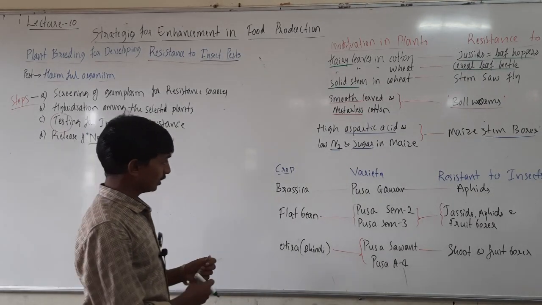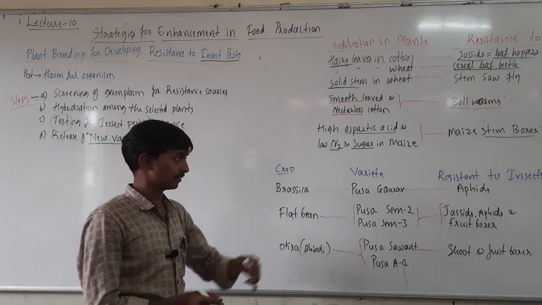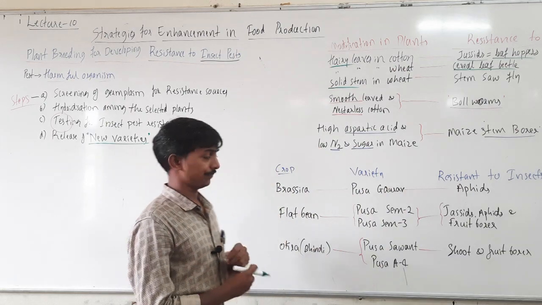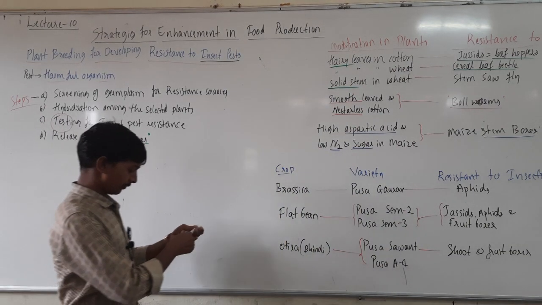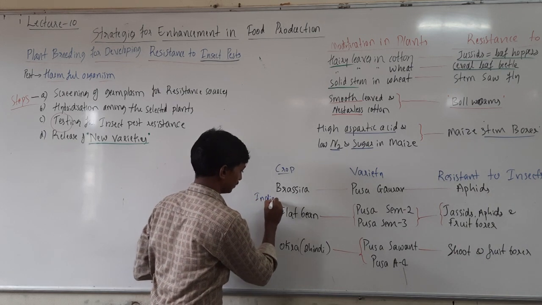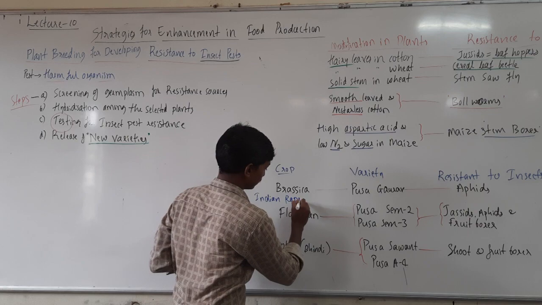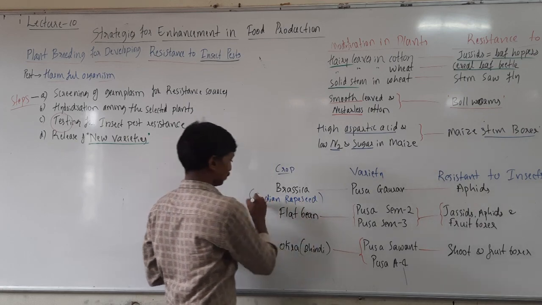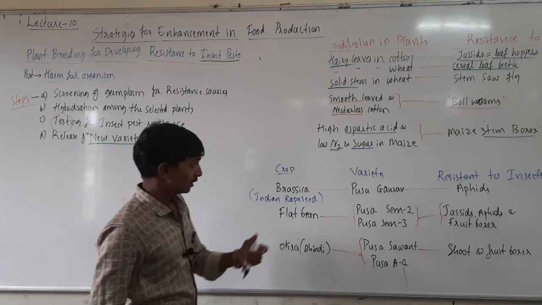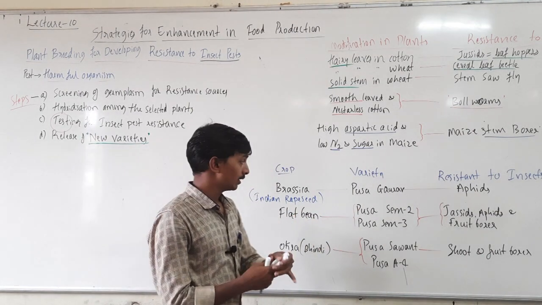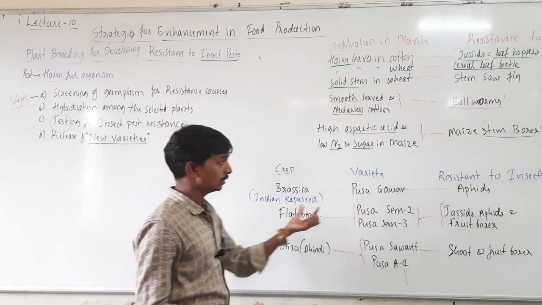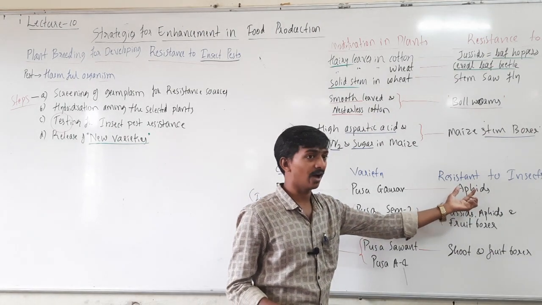Okay, so here we have some of the crop varieties which are resistant to many insects. You can see Brassica, which is also called Indian rapeseed mustard. The variety is Pusa Gaurav. The Pusa Gaurav variety of Brassica is resistant to the insect group called aphids.